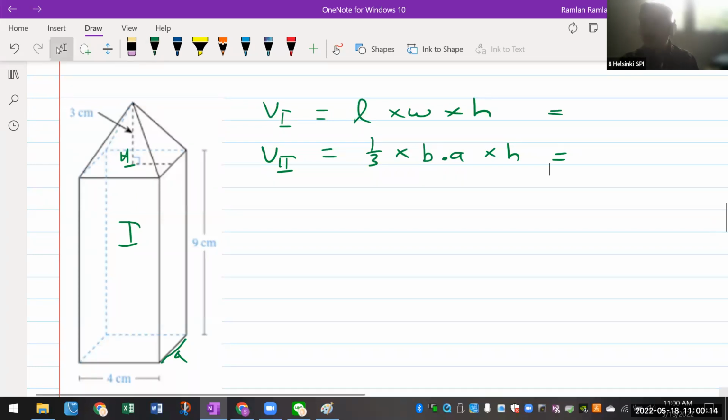Silakan dicoba dulu ya. Okay, let me pause. Silakan coret-coretannya dipakai kalau ada coret-coretan. Oke, Egan sudah jawab.